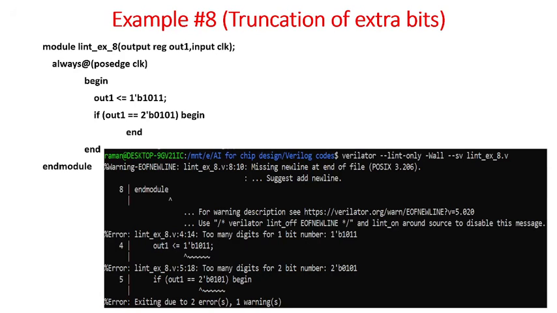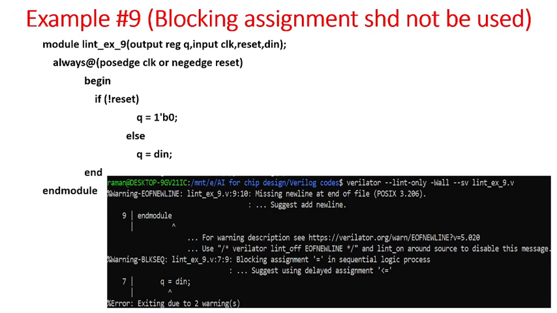And then say if out1 equals 2'b0101, there also for a 2-bit value we are keeping 4 bits. That is also wrong. So it is exactly capturing the linting error. Too many digits for 2-bit number, too many digits for 1-bit number. Okay, so it has captured the two linting errors. Next is blocking assignment should not be used.